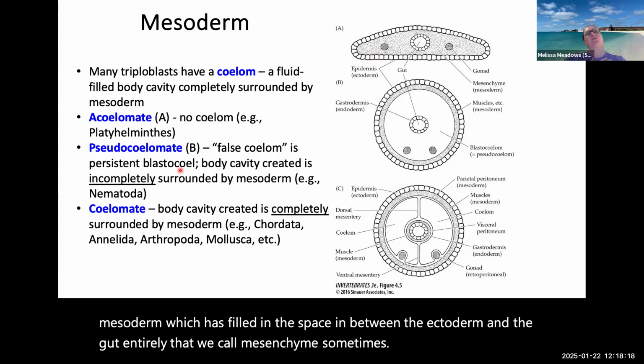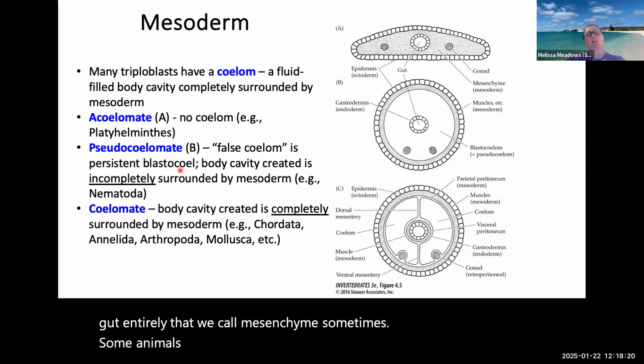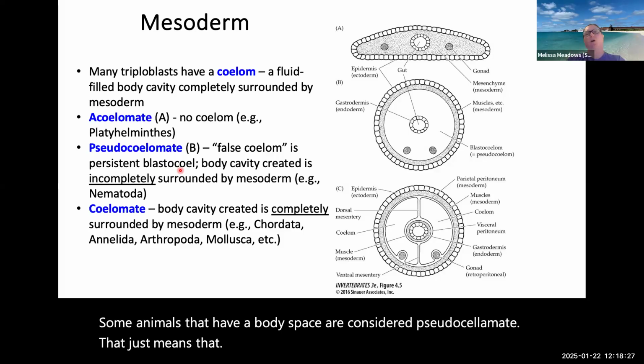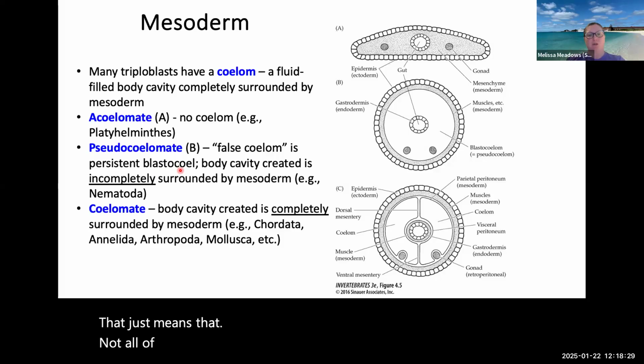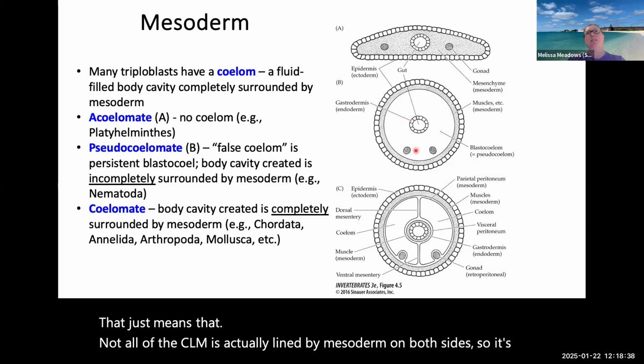Some animals that have a body space are considered pseudocoelomate. That just means that not all of the coelom is actually lined by mesoderm on both sides. So it's still a body space.